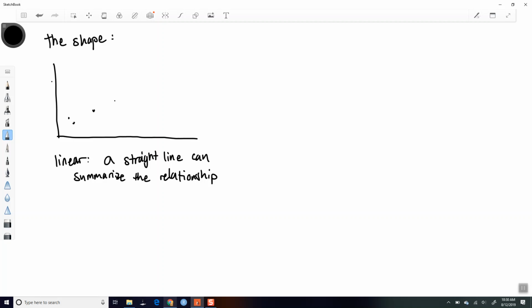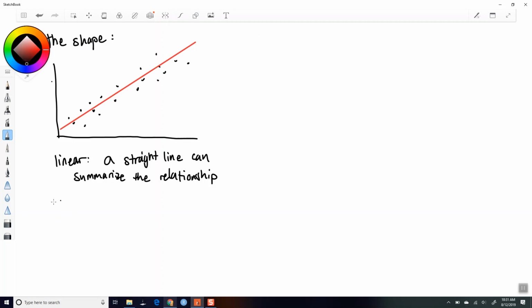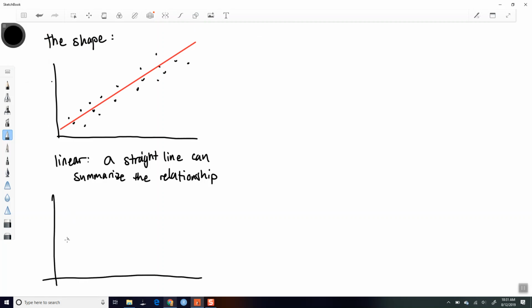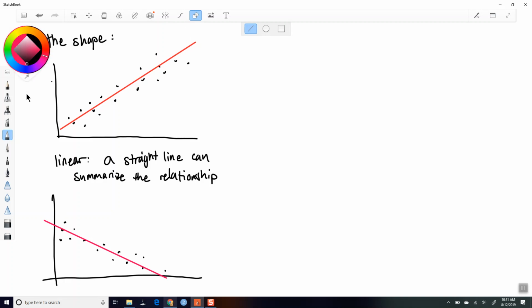Okay, so something like, okay, of course, we might expect there to be some scatter, but overall, seems like a straight line, something like that, okay? Okay, so both of these would be linear. That's what we got. Overall, looks like a straight line.